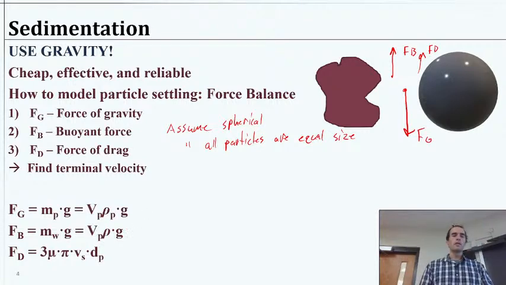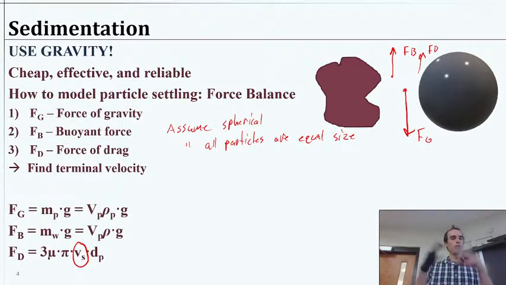So that would be 3 times the dynamic viscosity of water times pi times the velocity times the diameter of that particle. The only thing I'm going to highlight just now is that we have a velocity term there, and we're going to set up our force balance and solve for that velocity term, as a way to say, okay, we have the system, here's our velocity.